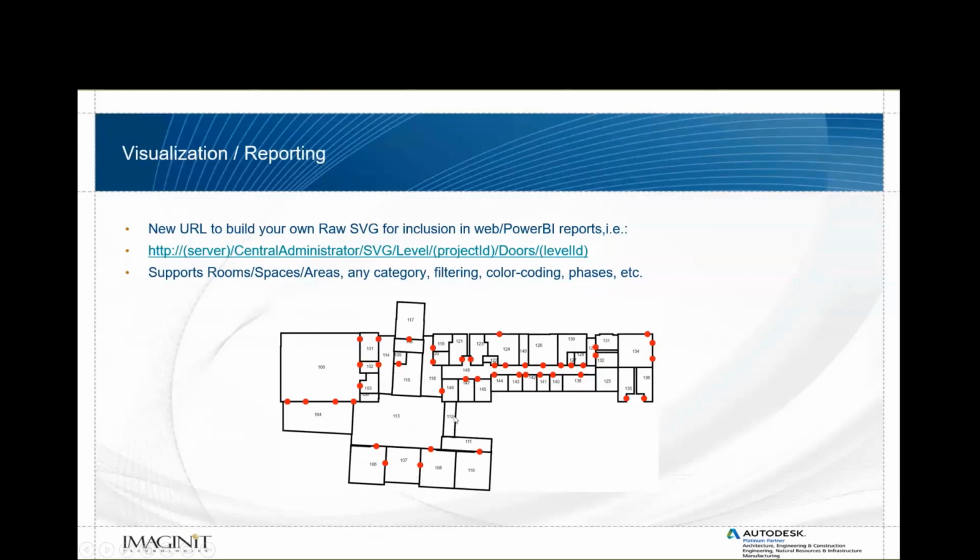This kind of information, whether just space layout or equipment, is something that we could use in reports and we could use in data sheets, but it was not really accessible by people who are starting to get into Power BI and that kind of thing to visualize the data outside of Clarity.